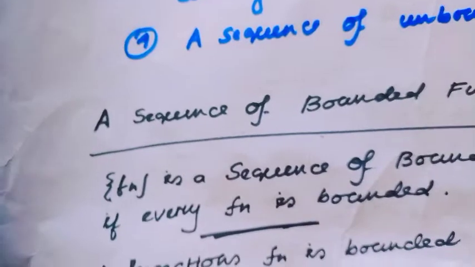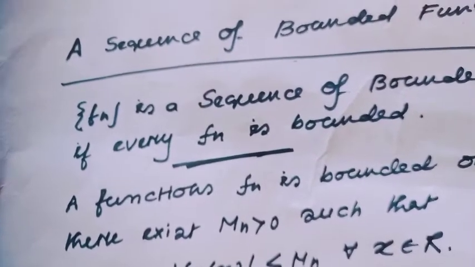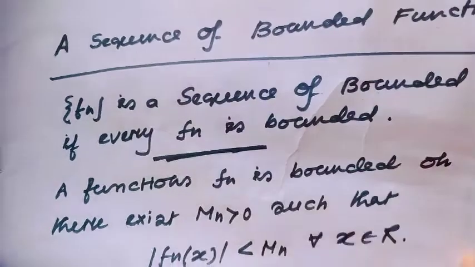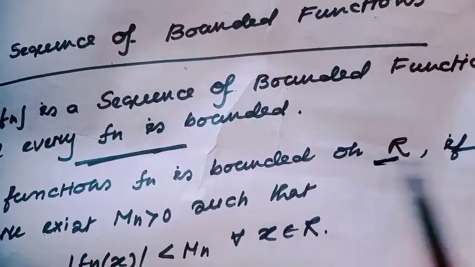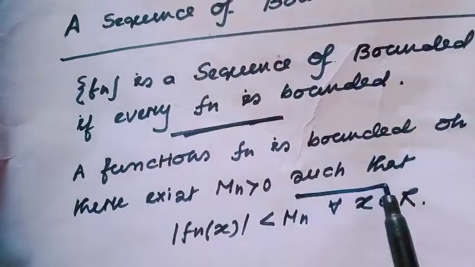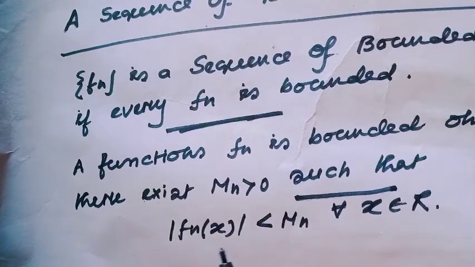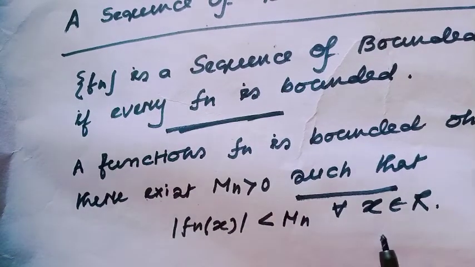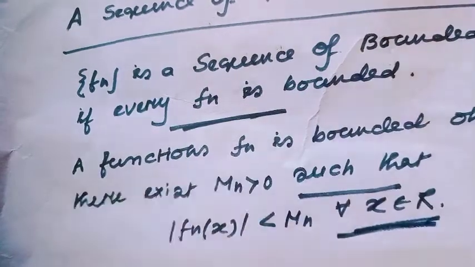And bounded means a function fn is bounded on the set R if there exists Mn such that the absolute value of fn(x) is less than Mn for all x belonging to R.